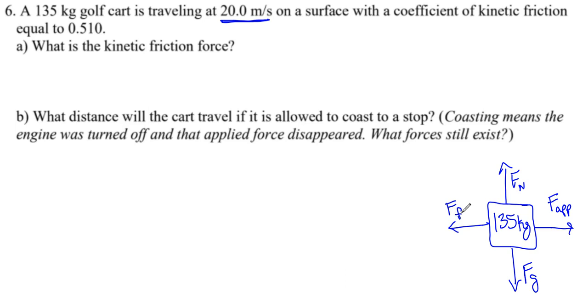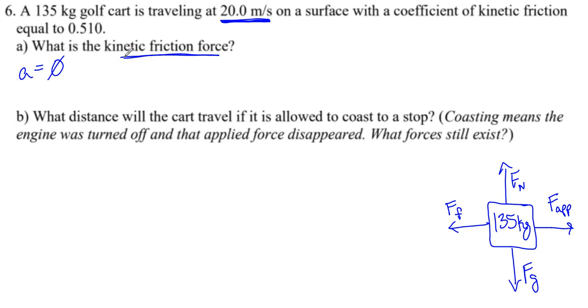In this first one, because we know that it's at a constant velocity, that means that the acceleration must be 0. So the only thing that we need to determine in this first one is the kinetic friction force.